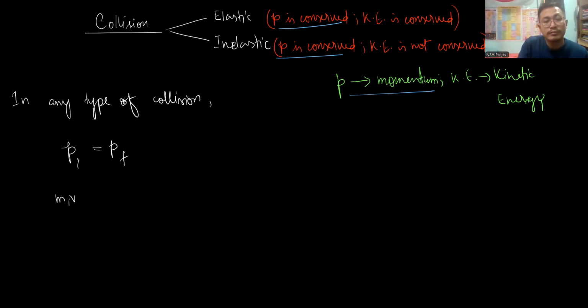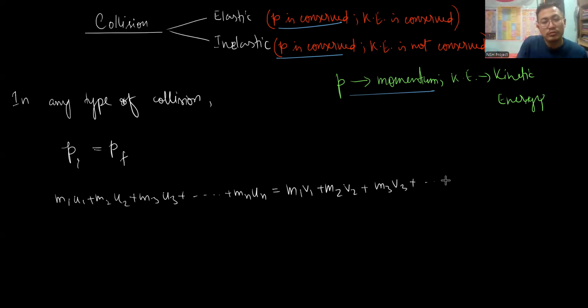Let's say m1 u1 plus m2 u2 plus m3 u3 plus dot dot dot plus mn un is equal to m1 v1 plus m2 v2 plus m3 v3 plus dot dot dot plus mn vn. So this is important.